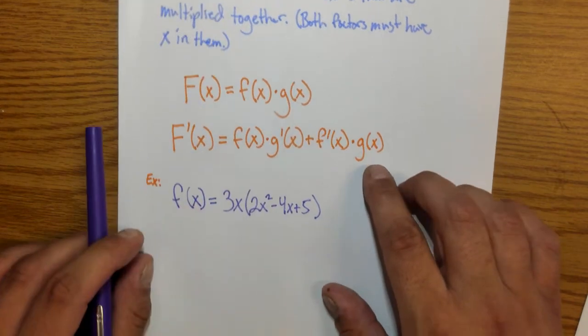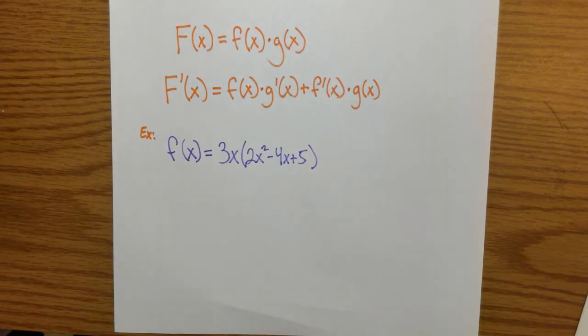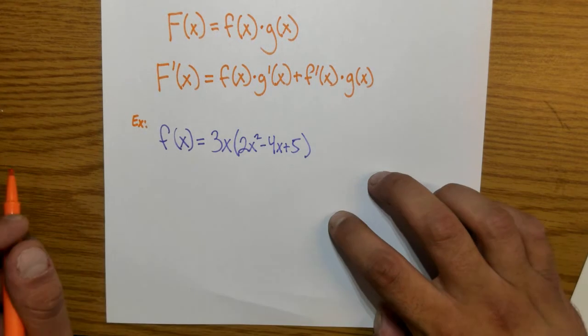So let's go ahead and go through this here. You don't have to do a table. Sometimes you can do a table. I'm just going to do a table for this first example, maybe the first couple of examples, just so we have an idea here. But if you get good enough at it, you don't need to do a table. So let's identify our f and g of x.